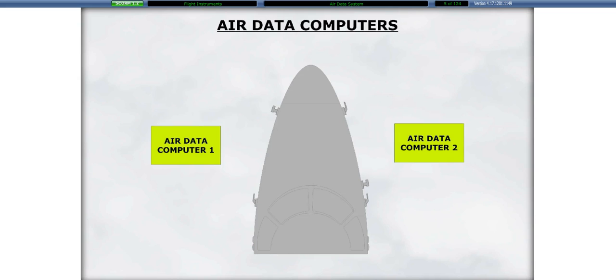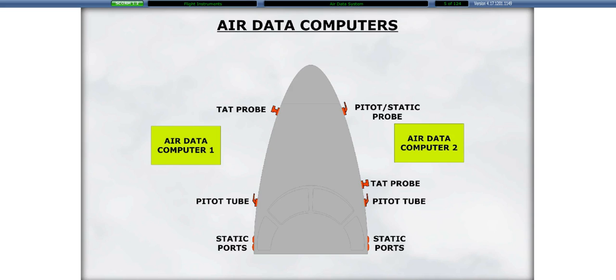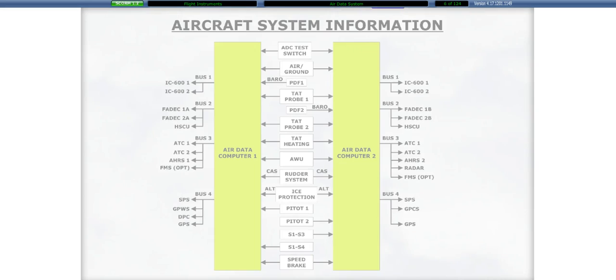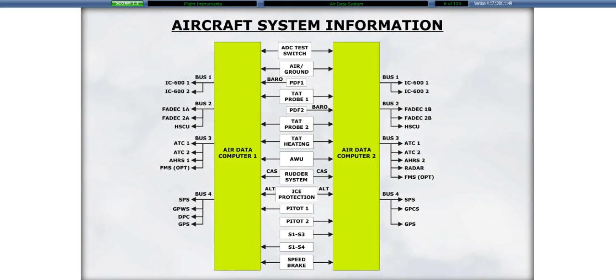The air data system consists of 2 air data computers, 2 pitot tubes, 1 pitot-static tube, 4 static ports, and 2 total air temperature probes. The ADCs provide information to numerous aircraft systems.